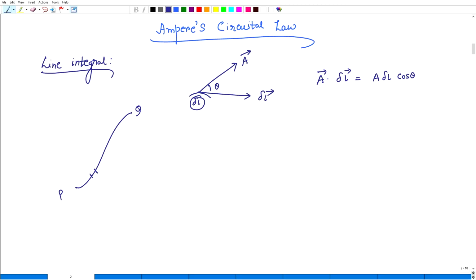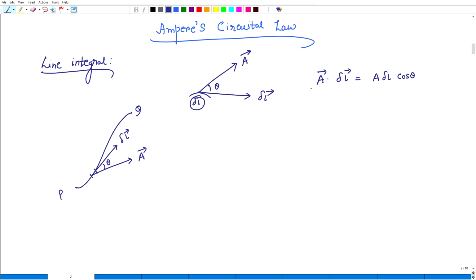Let us say this is a dl section, then this unit vector acts like this, and the A vector is acting like this, and this is theta. The A vector may be any random vector: force, electric field, magnetic field, any vector quantity operating along that path.